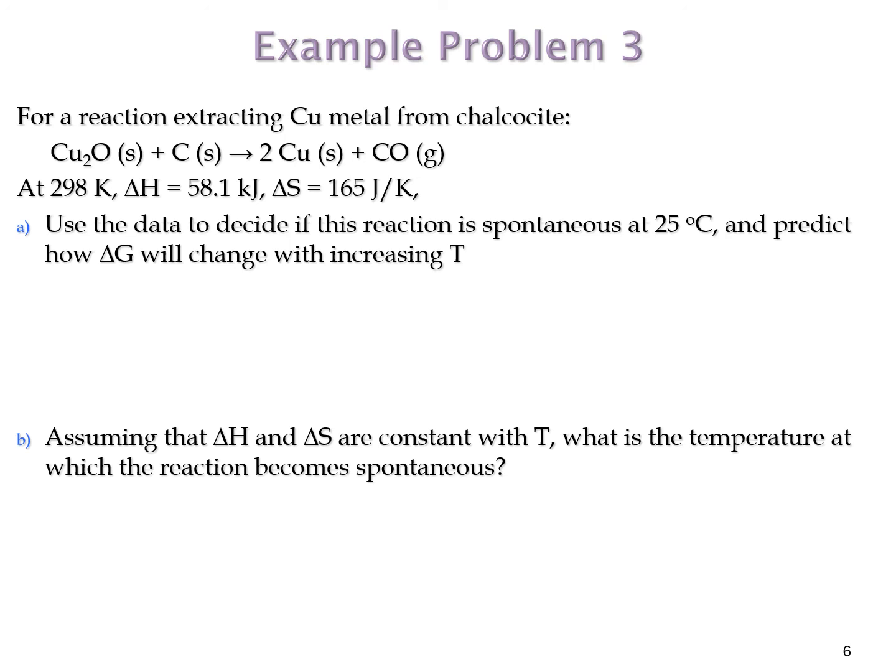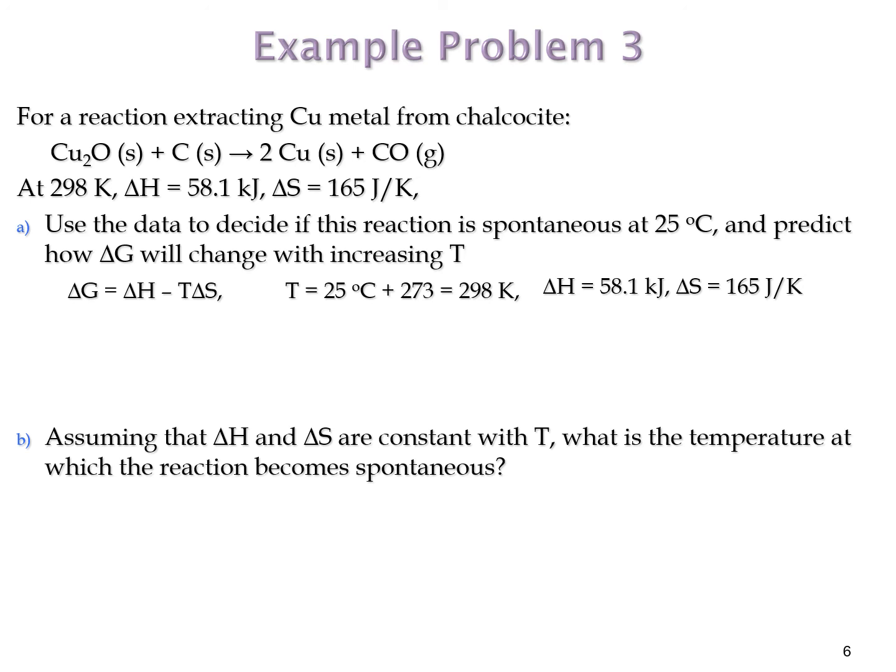From the second question, we know pretty much already that this reaction is temperature dependent. Well, let's see. Remember, delta G equals delta H minus T times delta S, and the T must be in Kelvin, so we convert 25 degrees into Kelvin by adding 273 to it.